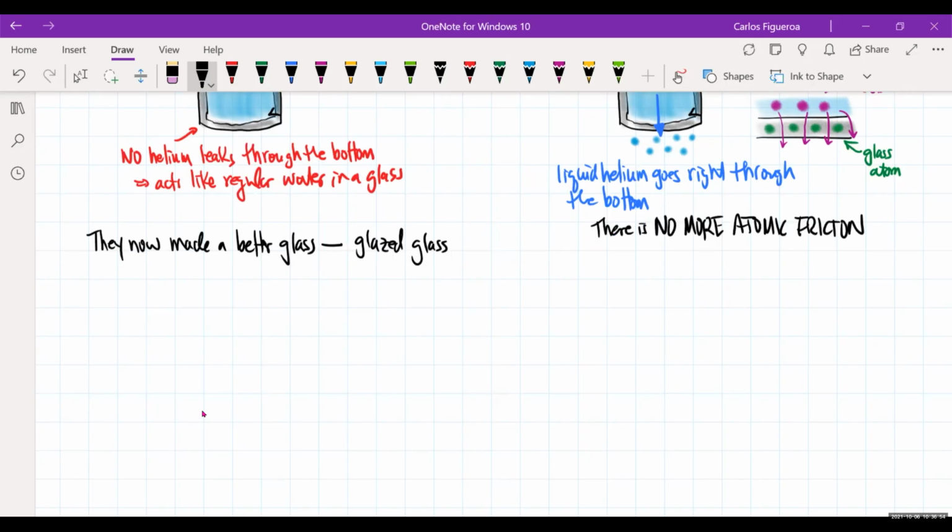The glazed glass can contain it now. This tells us that helium cannot get through the glass atoms anymore.